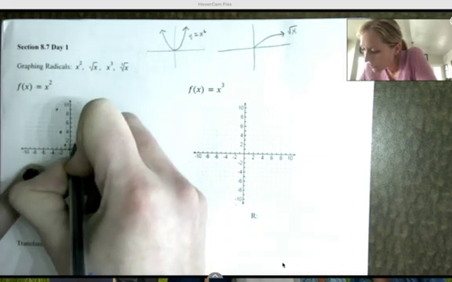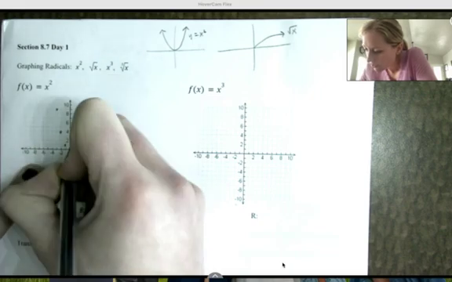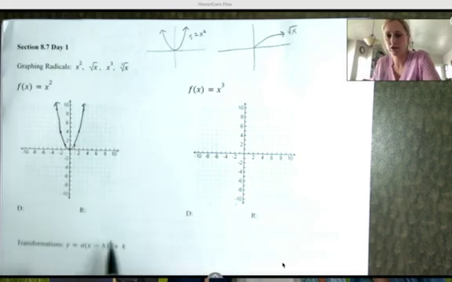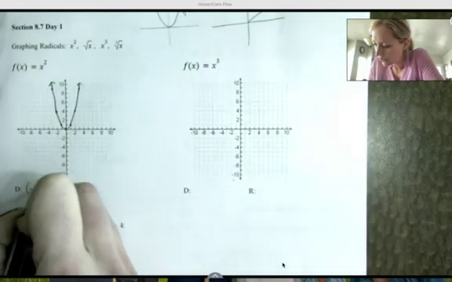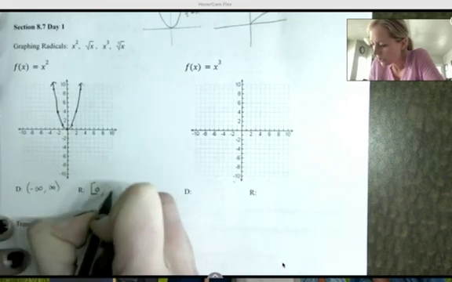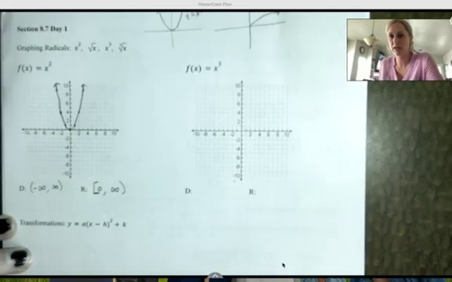And then connect. So the domain for the parent function is all reals, and the range starts at 0 and goes up forever to infinity.